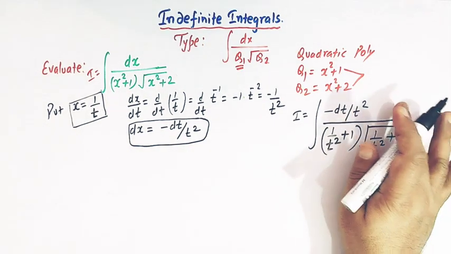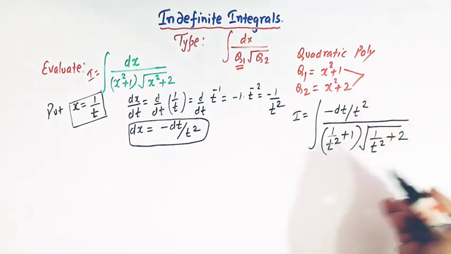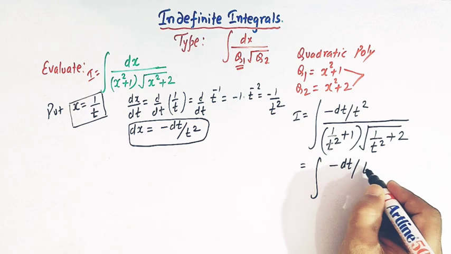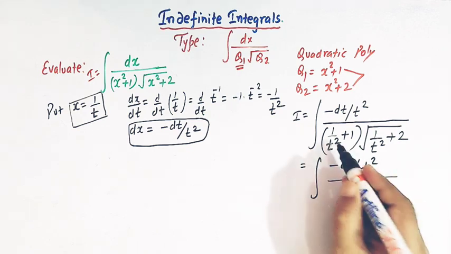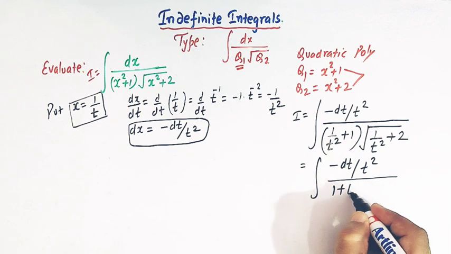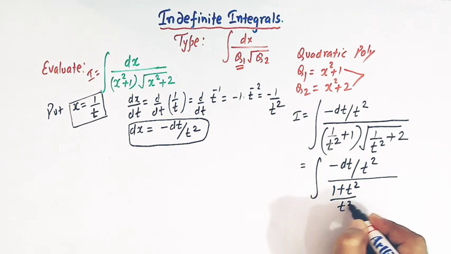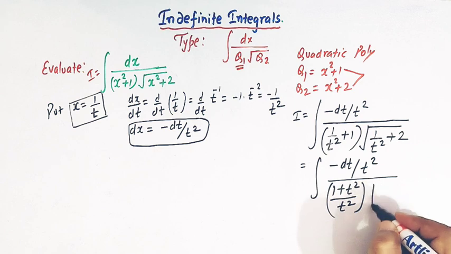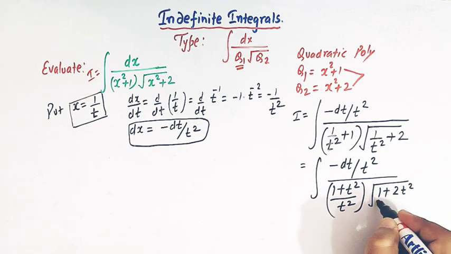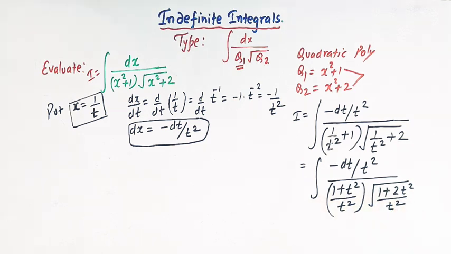So now let us simplify this integral. We have minus dt over t square, and taking the LCM, we have 1 plus t square over t square, and here we have square root of 1 plus 2t square over t square.